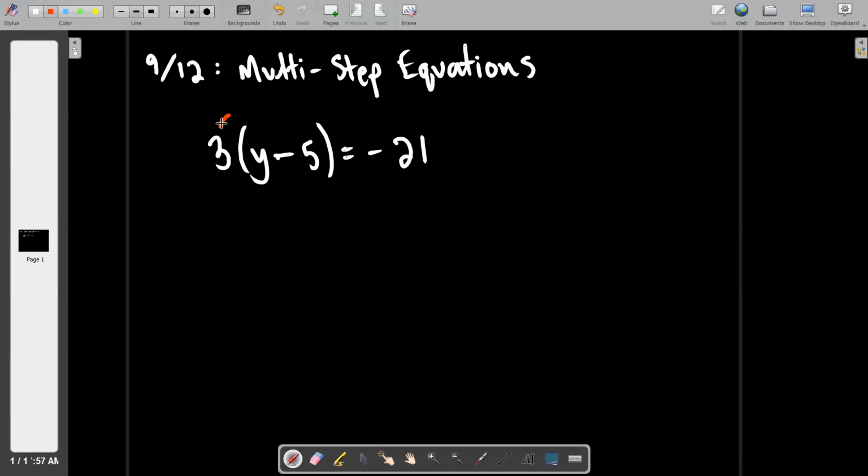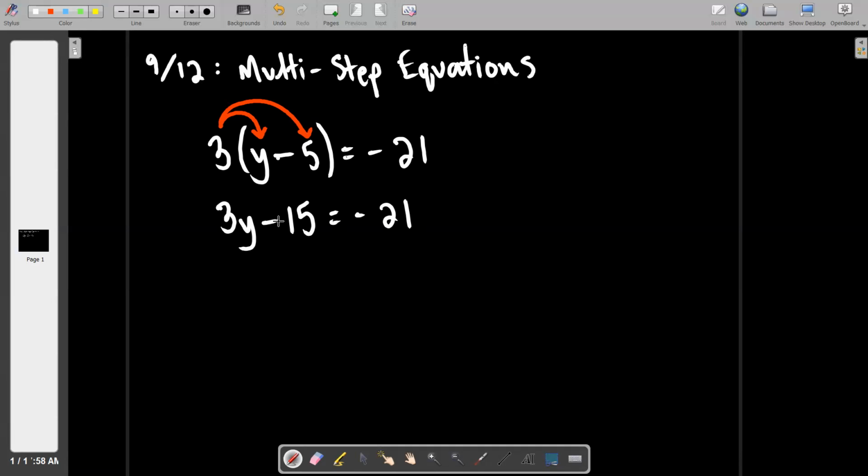And so I'm going to take the 3 and I'm going to distribute it through these parentheses. What is 3 times y? Nice. And what is this 3 times this minus 5 going to give me? Minus 15. Very good.